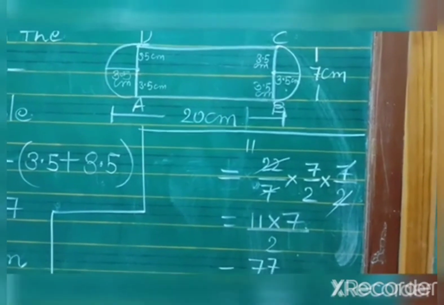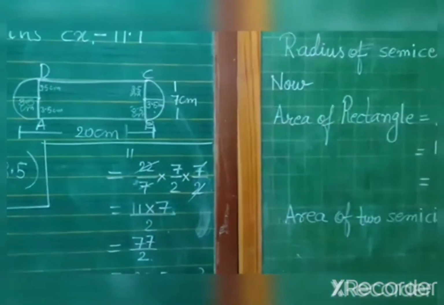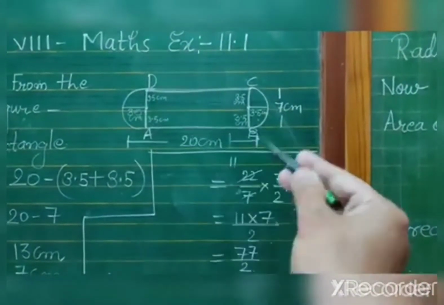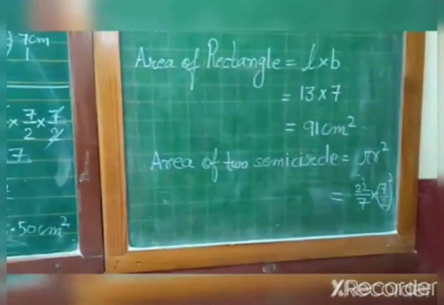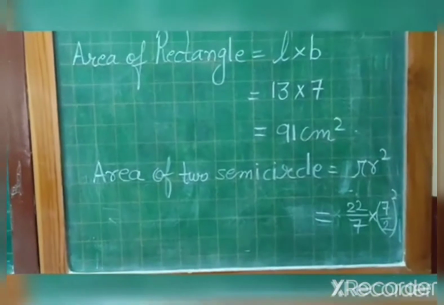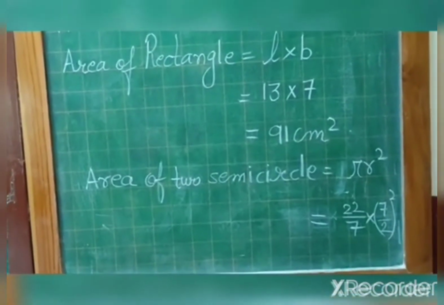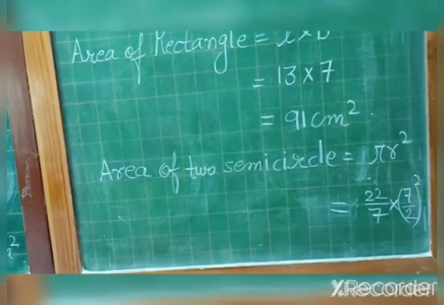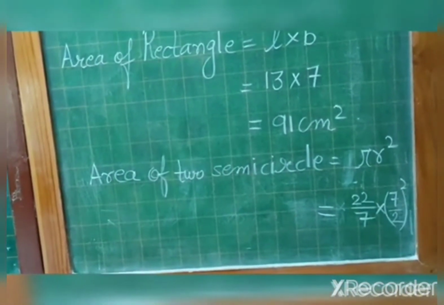Only one circle we will get. And here you can see the radius of this circle is 3.5 centimeters. So area of two semicircles is equal to pi r square.